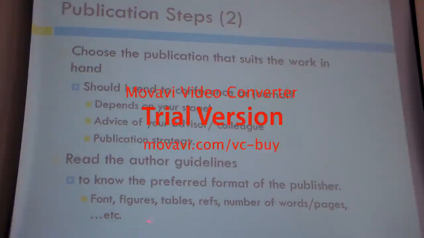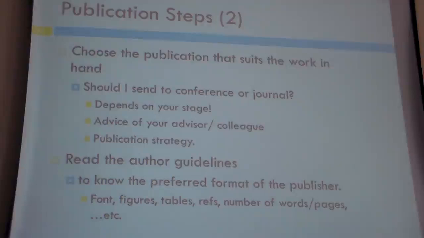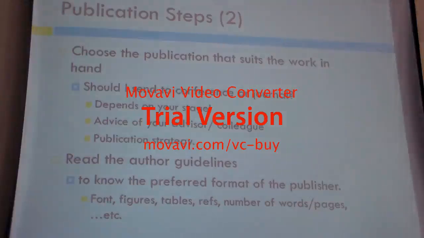The font, the figures, the tables, the references, the number of words, the number of pages, all these things should be followed. You should do it according to what the journal asks for. So don't just choose the font that you want, the figures that you want, the reference style that you want, and then they say no. Every journal has its own author guidelines you have to follow.